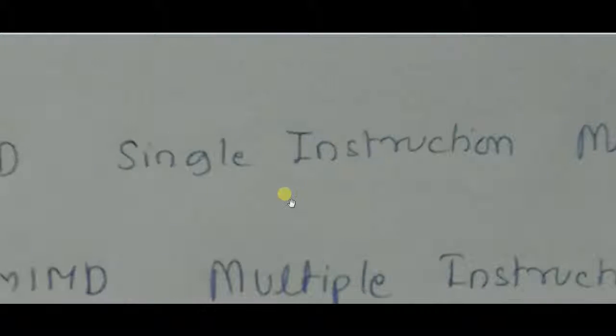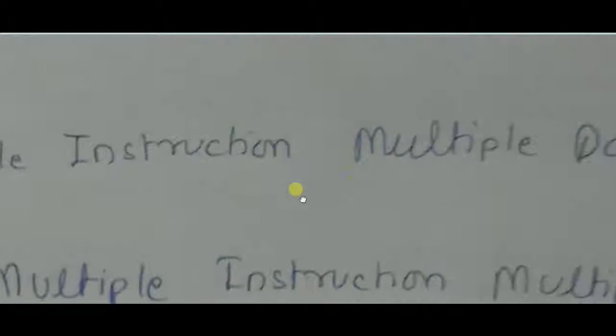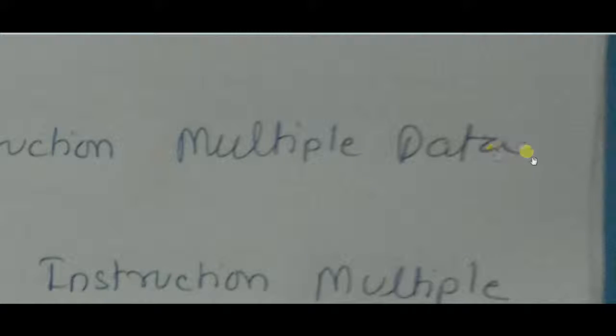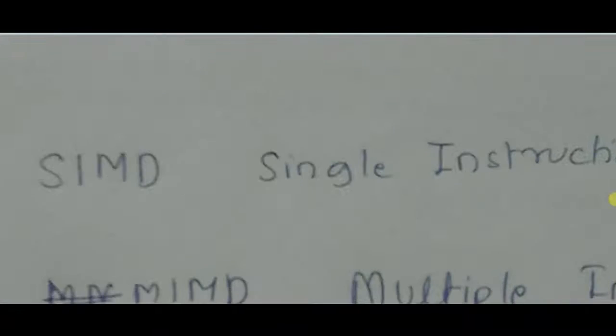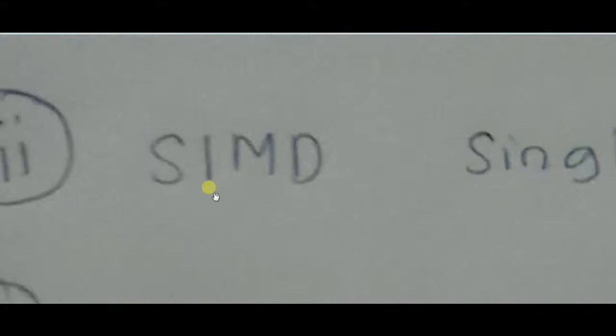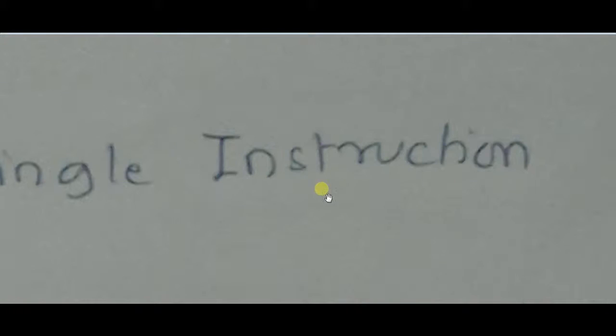Single instruction means one CU and multiple data means more than one processing unit. So SIMD means a single control unit and more than one processor, as simple as that.